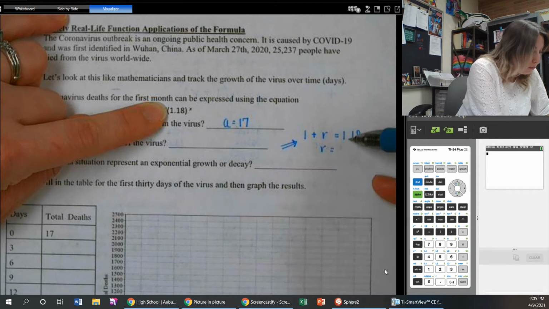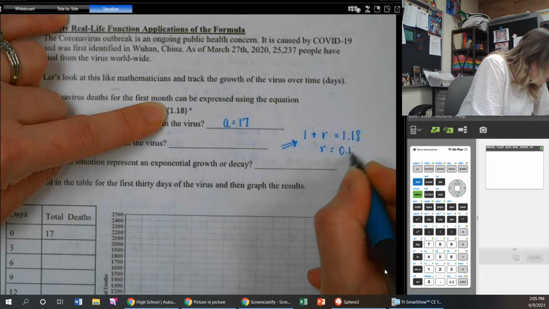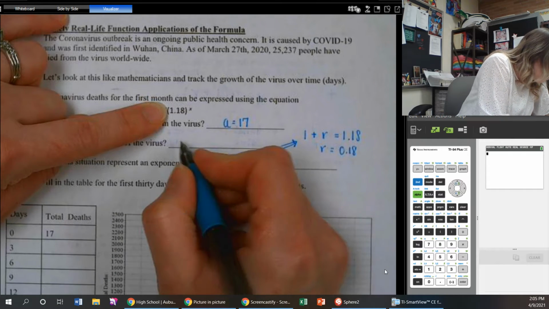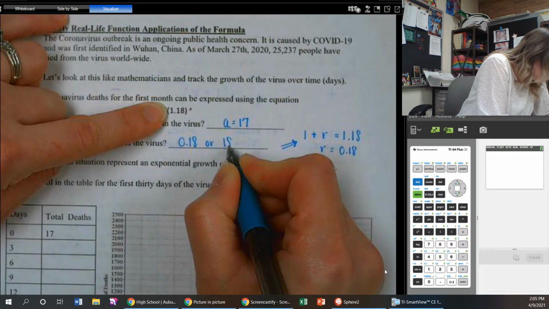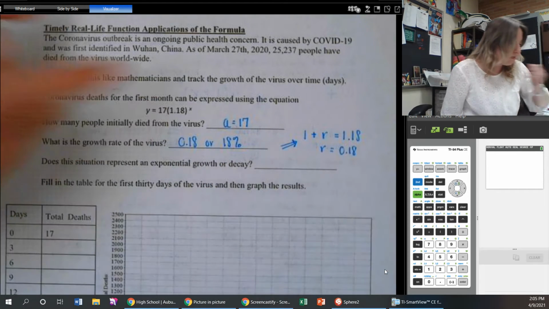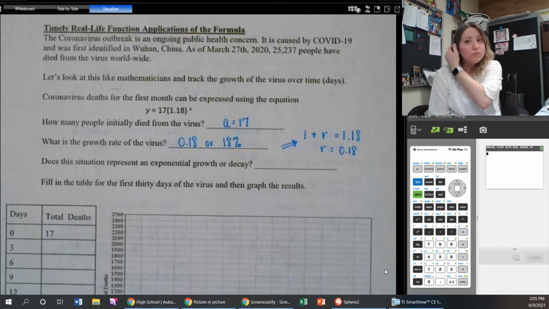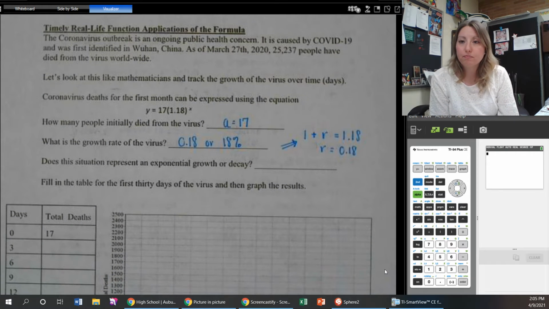And what's 1.18 minus 1? It's 0.18. That means my rate is 0.18 or 18%.